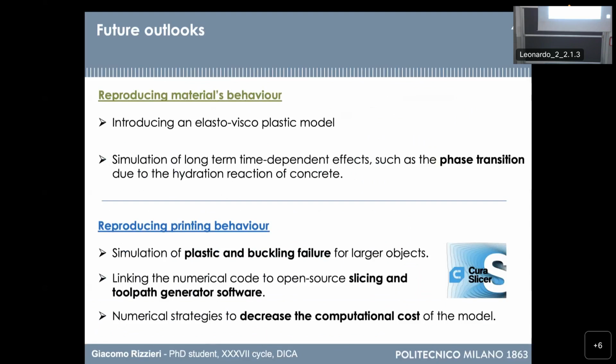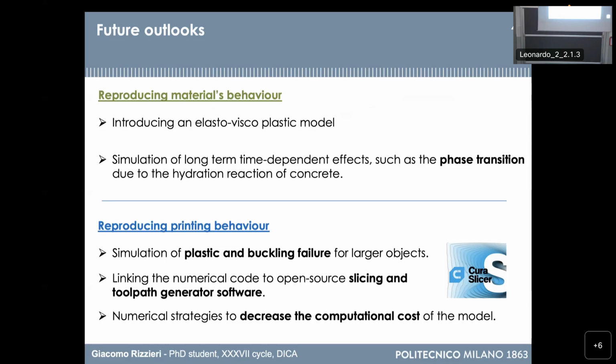Firstly, we want to introduce elasticity: when we are below the yield stress in our material, instead of using a rigid model, can we use an elastic model? This is the first thing. Then, if we want to print for longer printing times, we need to take into account the fluid to solid phase transition. This is also another problem that we need to cope with.